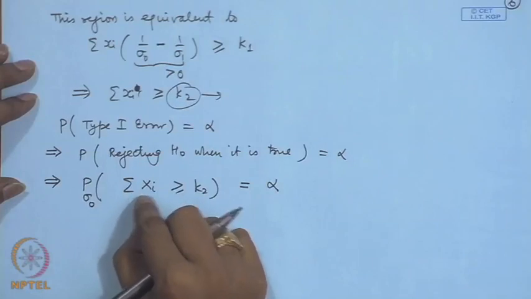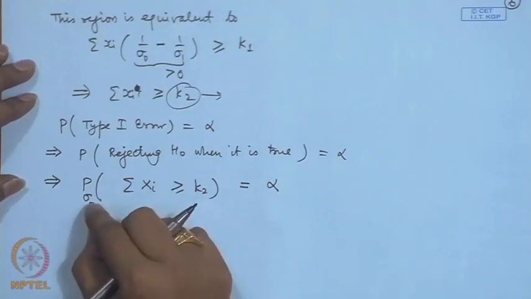That means, I need to look at the distribution of sigma X_i when sigma is equal to sigma naught.